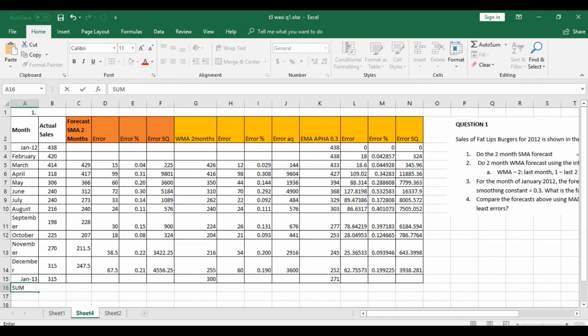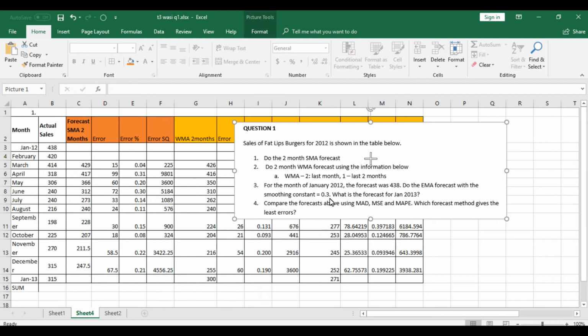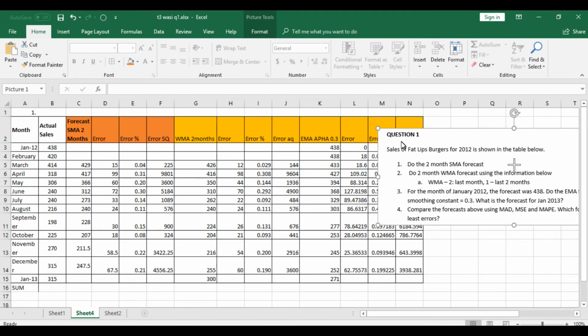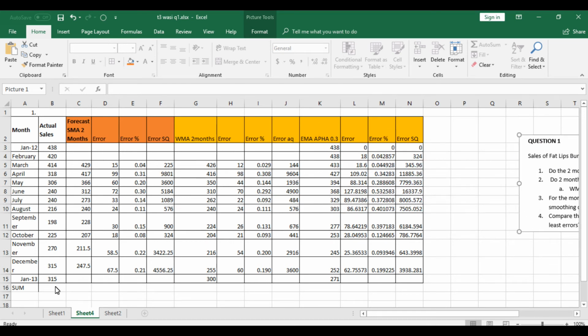So the last part of question number 1 is: compare the forecast above using MAD, MSE and MAPE. Which forecast method gives the least error? So we have to find these three, and first of all we need the sum of the errors.